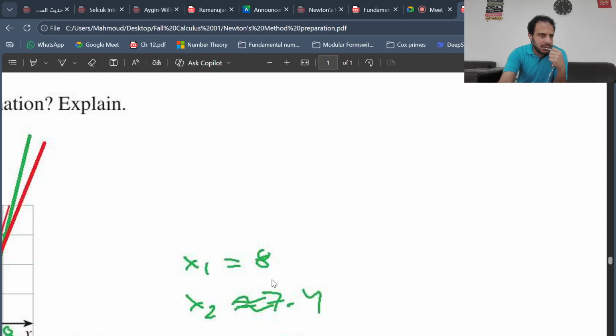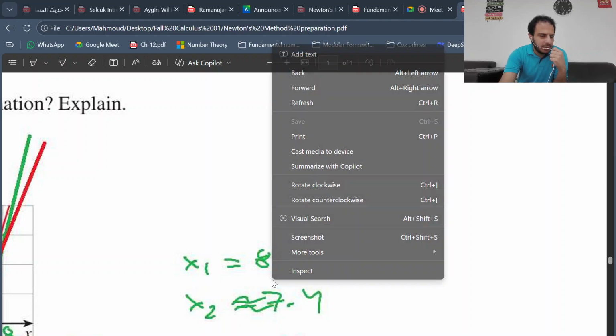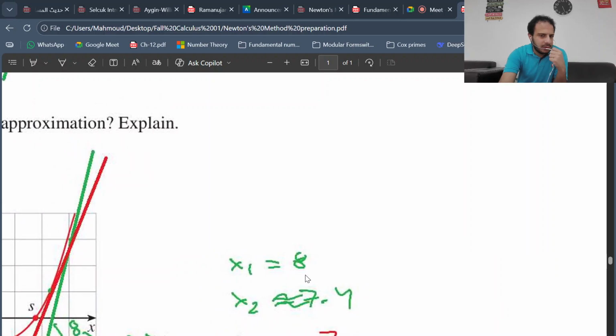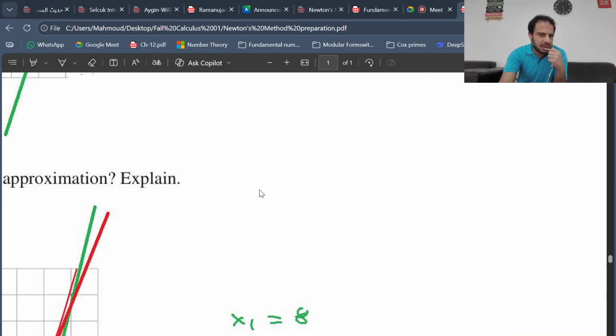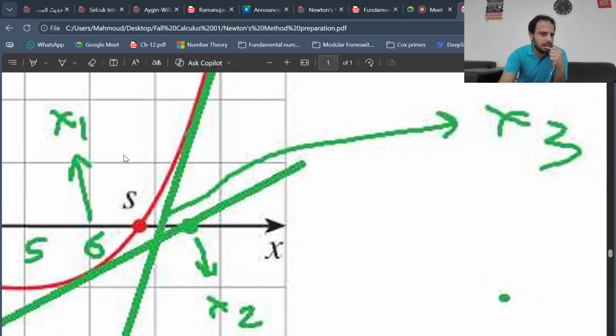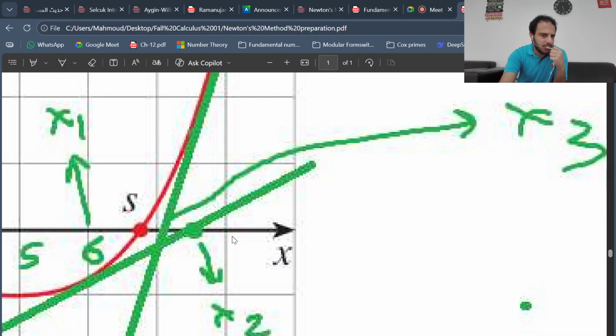But do you see something strange here? Here, 8 gives you a better approximation, faster than x1 equals 6, even though 6 is closer to the solution. Which one is closer, 6 or 8? 6, right?